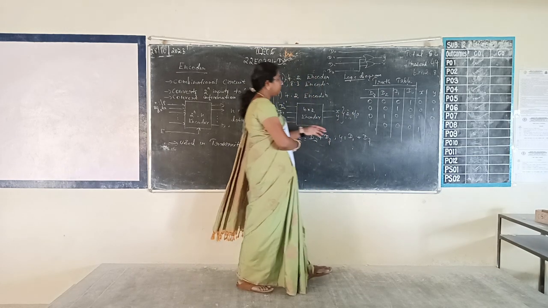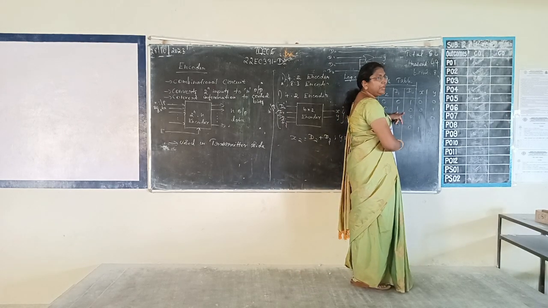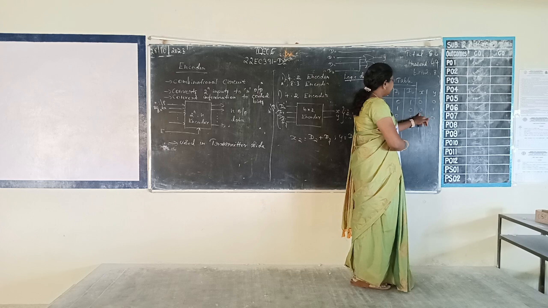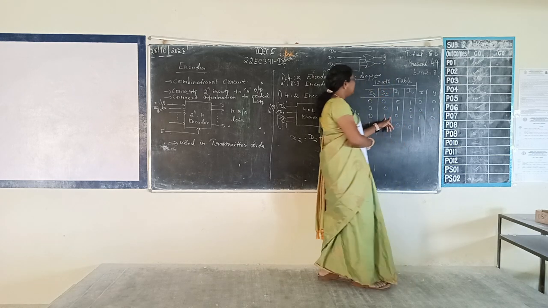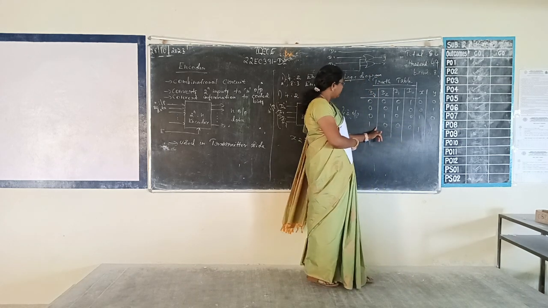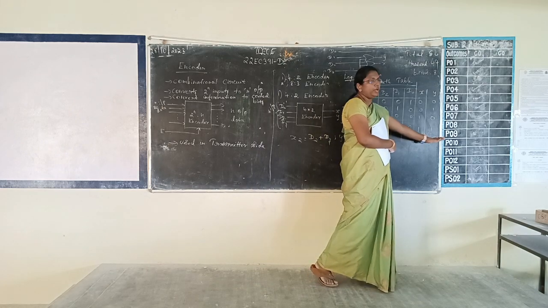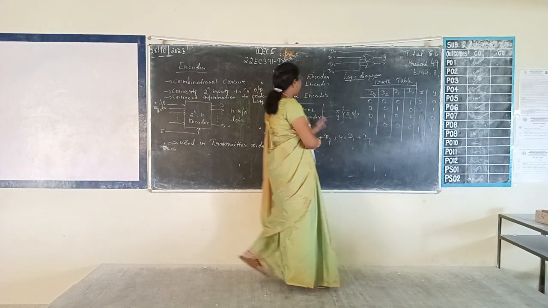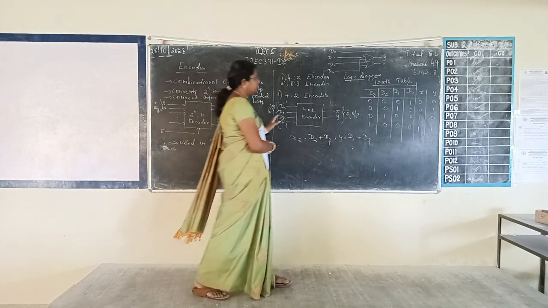Similarly, when you give input in D1, you get X as 0 and Y as 1. When you give D2 as 1, you get X as 1 and Y as 0. When you give D3 as 1, you get X as 1 and Y as 1. So this is the operation of the 4x2 encoder.